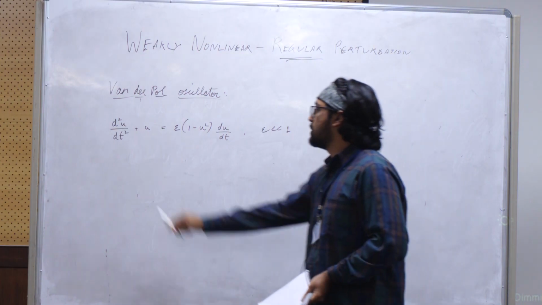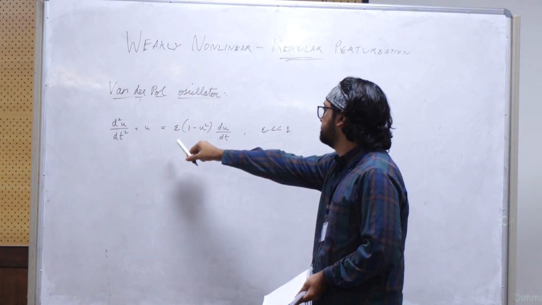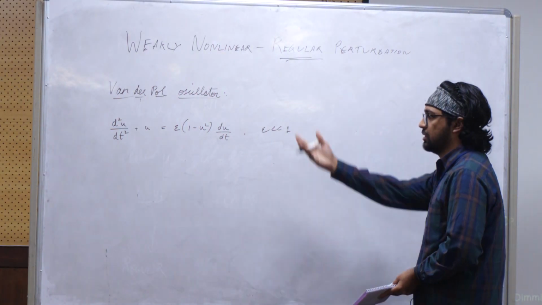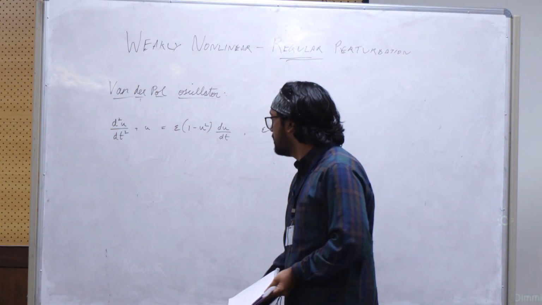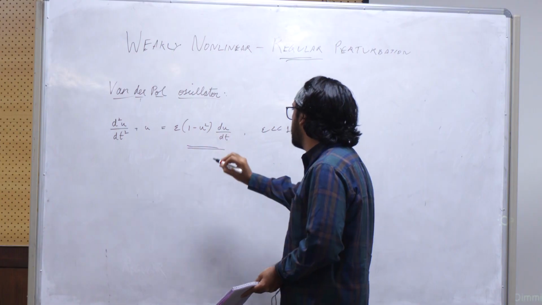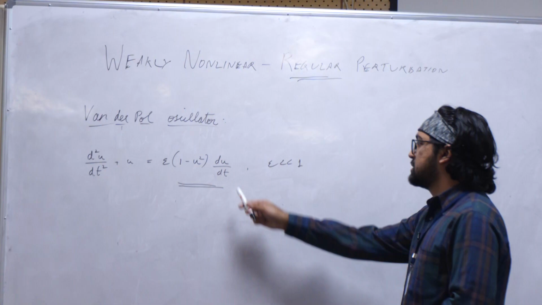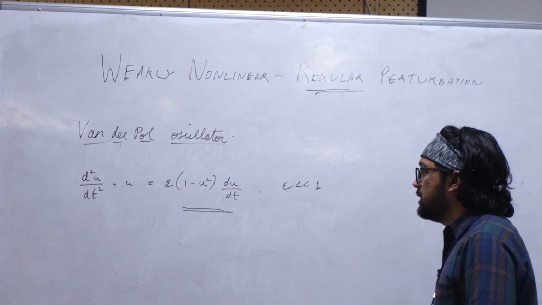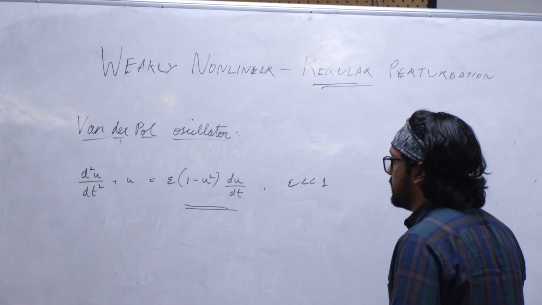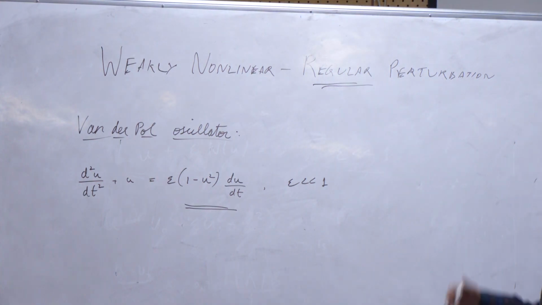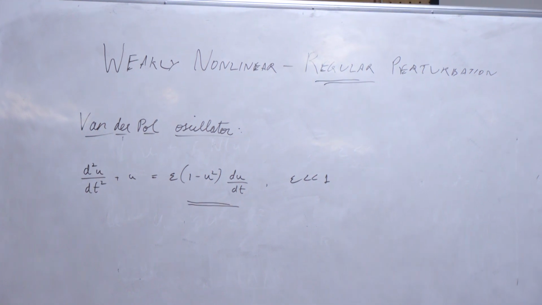Now, d square u by dt square plus u equal to 0 is the equation of a simple harmonic oscillator. And this term here is the damping term of the first order, which has du by dt. Such an oscillator is non-conservative, as in it doesn't have a periodic solution.